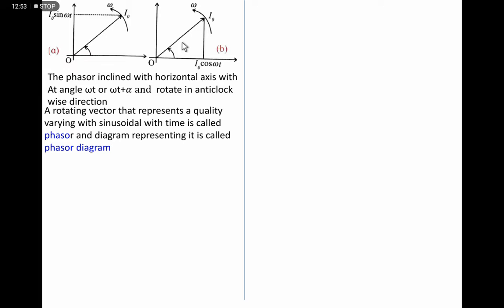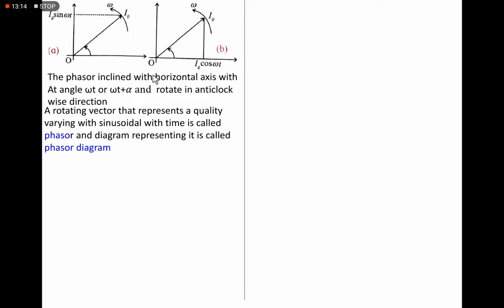This diagram is known as the phasor diagram, and this idea we are using in the AC circuit to know how the current and the EMF in the AC circuit vary with each other.